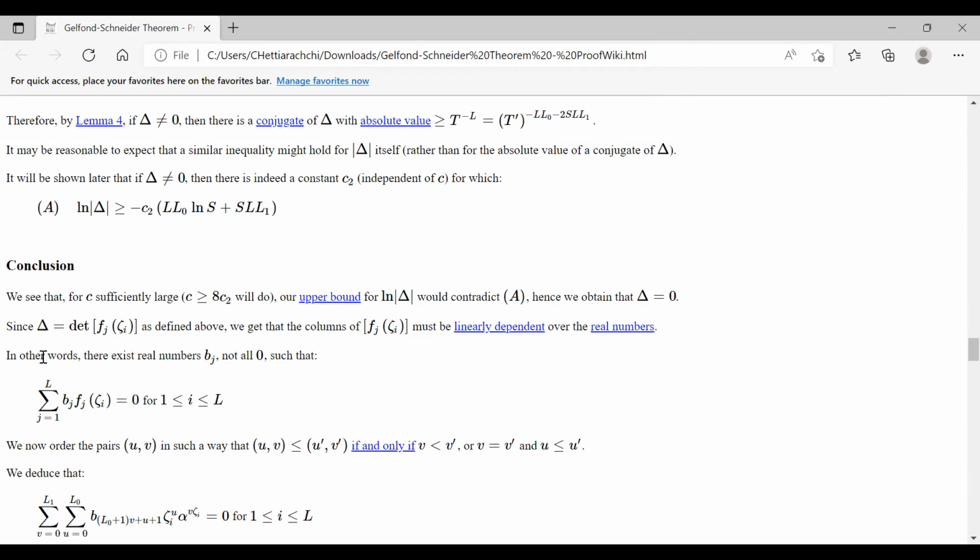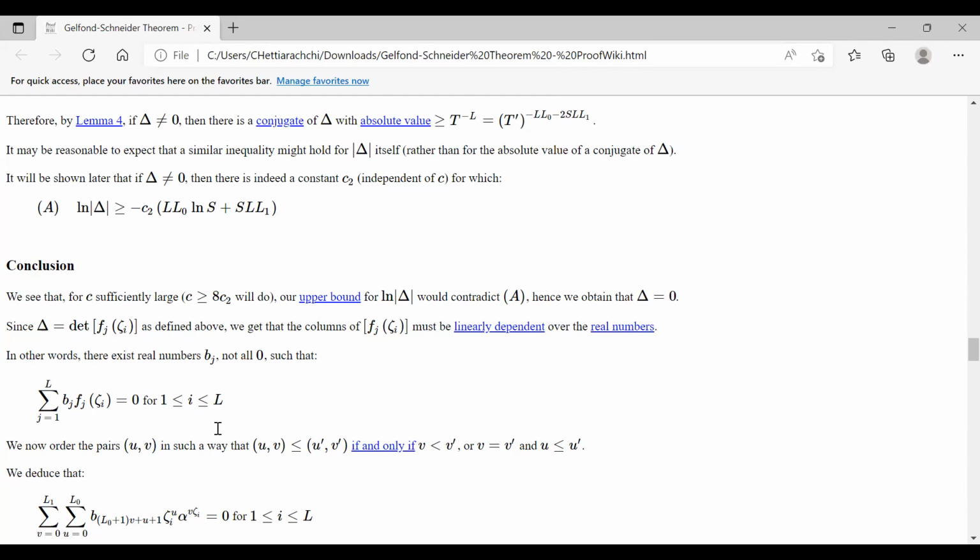That means the determinant of the matrix is 0, so the columns must be linearly dependent. This is from linear algebra: since the determinant is 0, the columns must be linearly dependent over the real numbers.